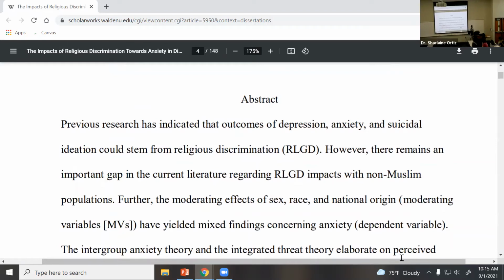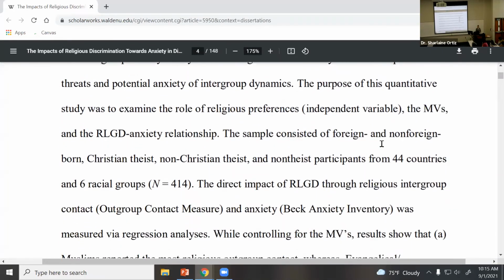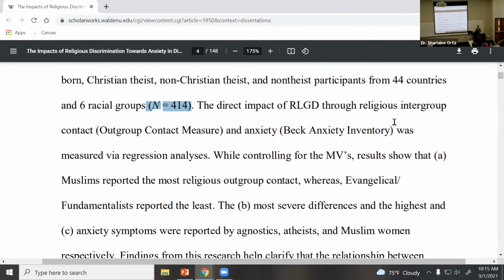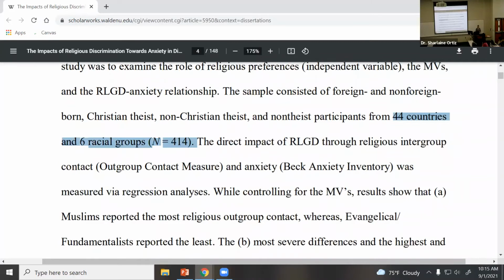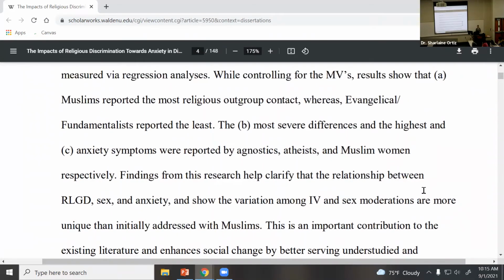It also includes what methods I utilized to gather that info. It also tells you the number of participants that were part of that study. Where did they come from? And it should tell you a very brief summary.